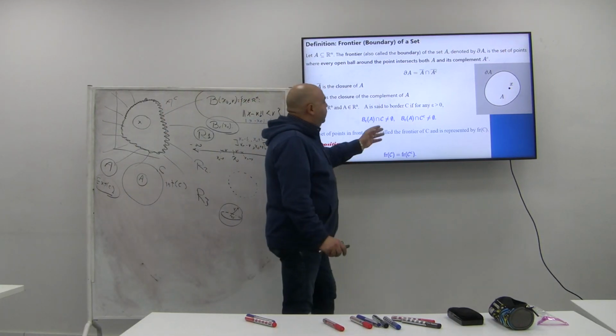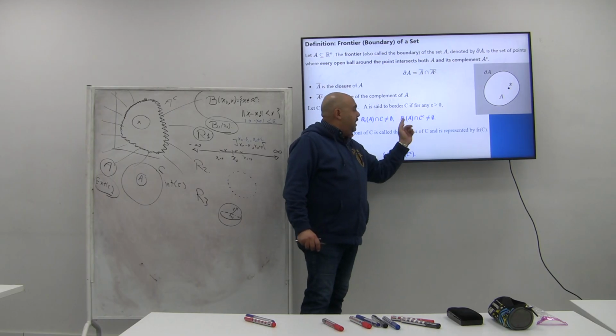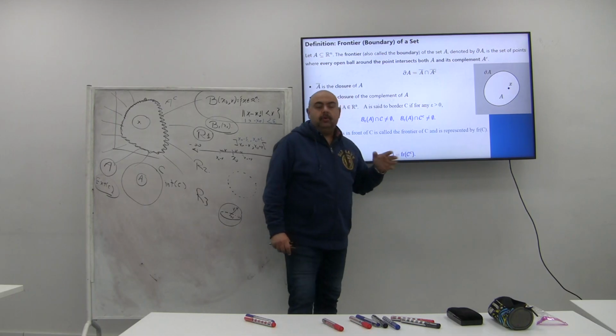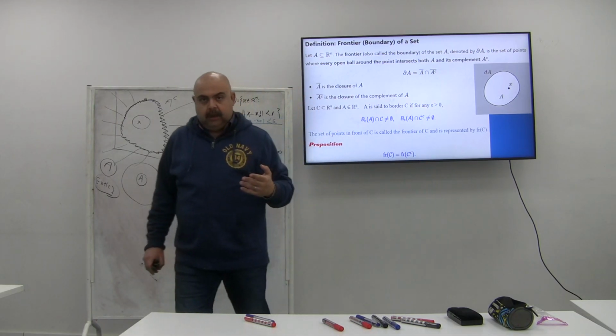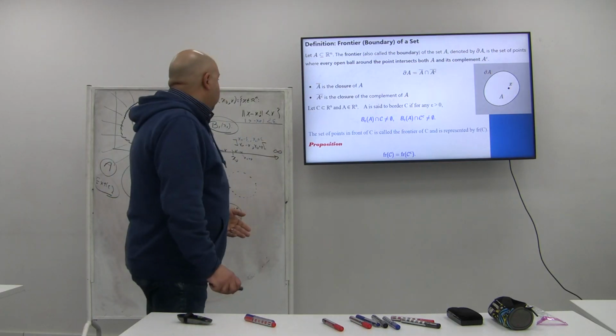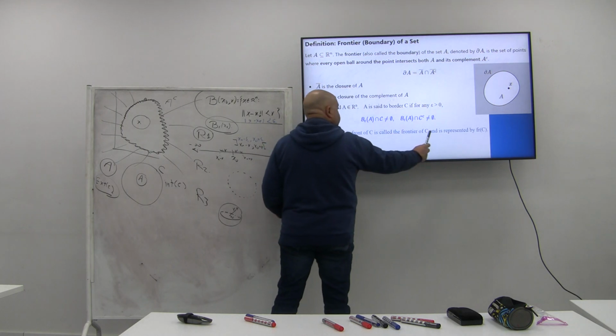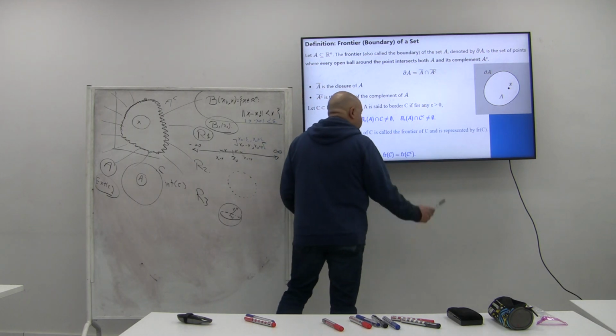Same way for the other part, which means the open ball at A intersects the C complementary, which also doesn't equal phi, which means there is an intersection. So it intersects points in front of C, is called the frontier of C and is represented by partial C.